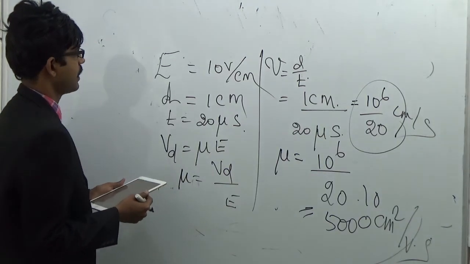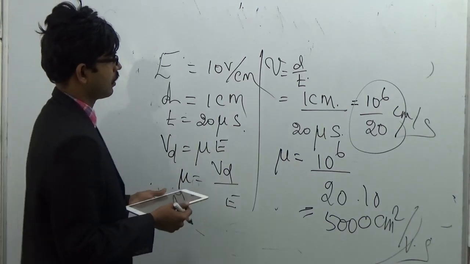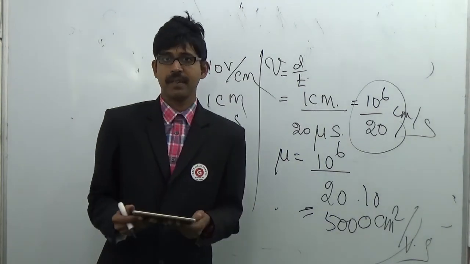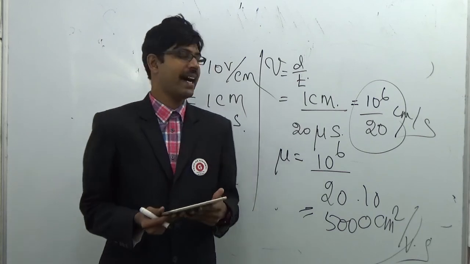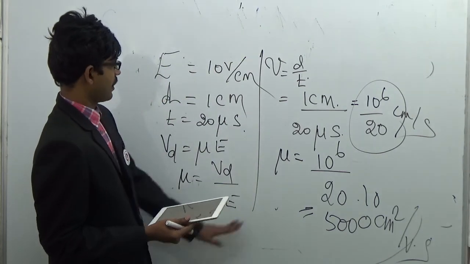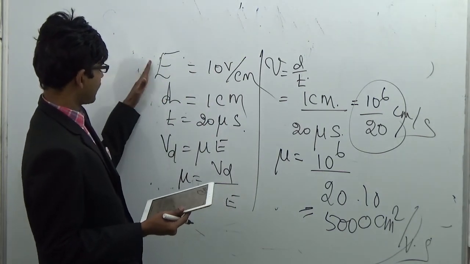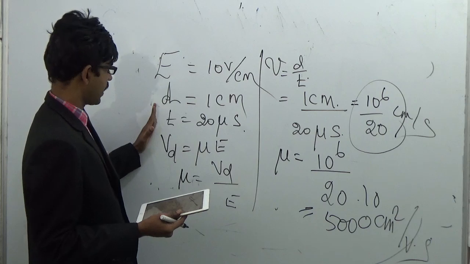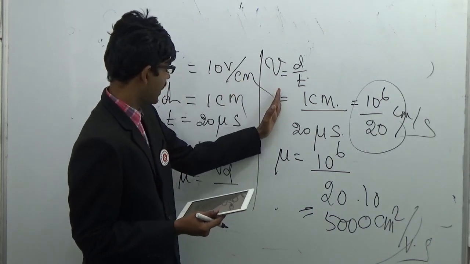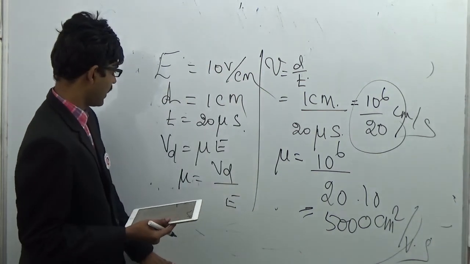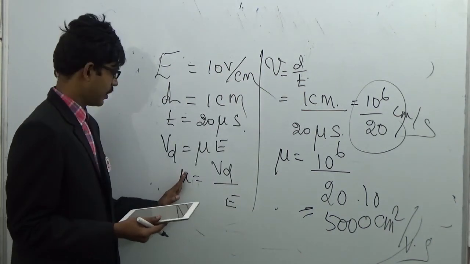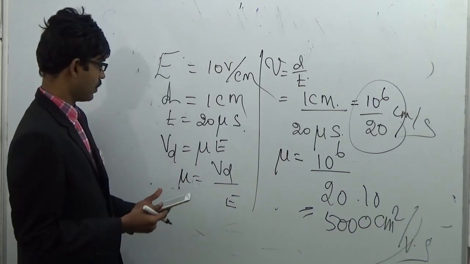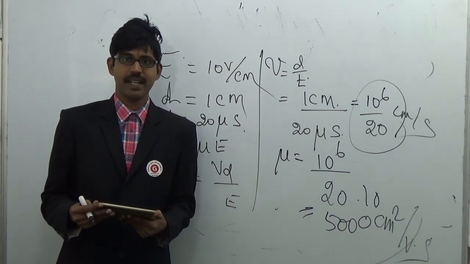This is going to be the answer. Having given the displacement and time, you must be in a position to find the drift velocity, and having known the drift velocity, you can calculate the mobility using the fundamental formula: mu is equal to Vd divided by E.